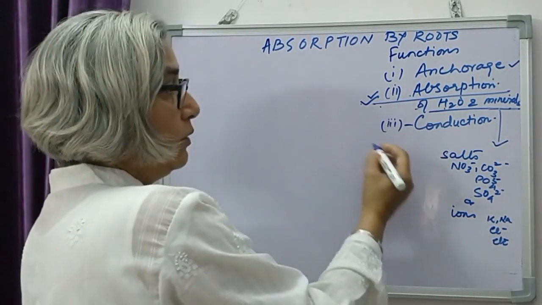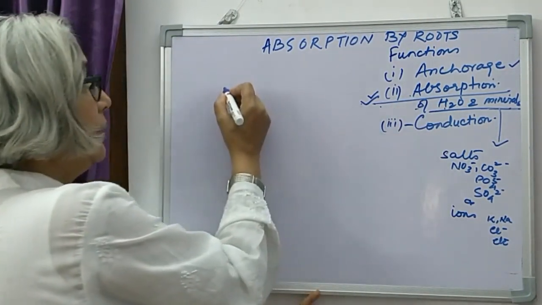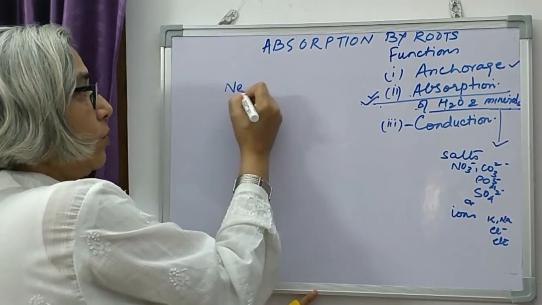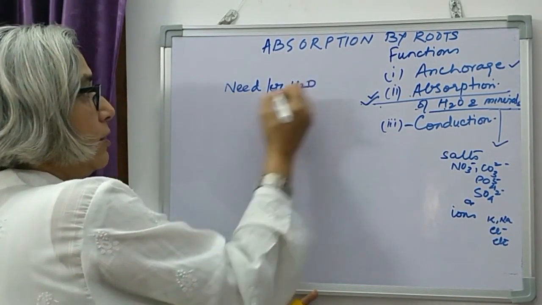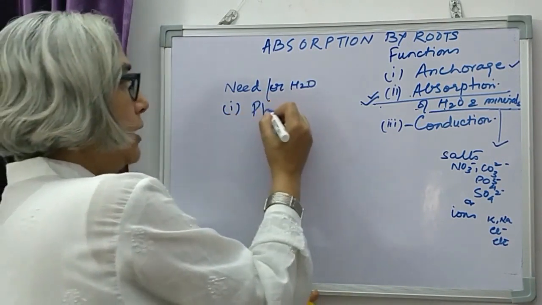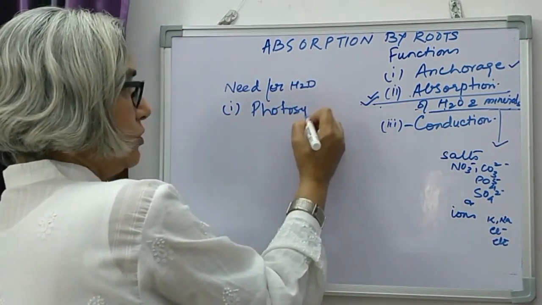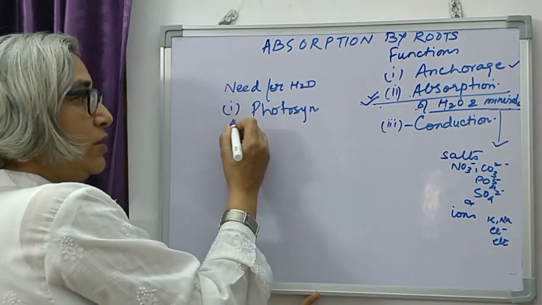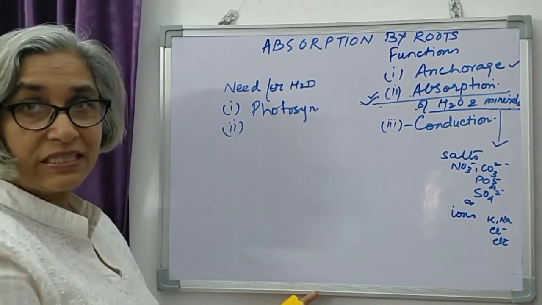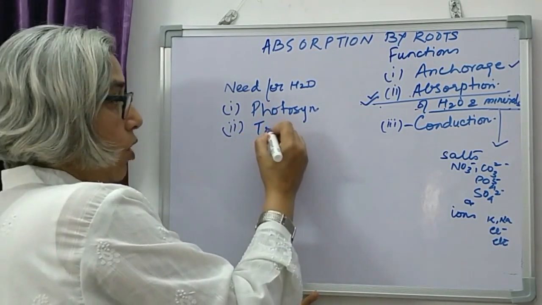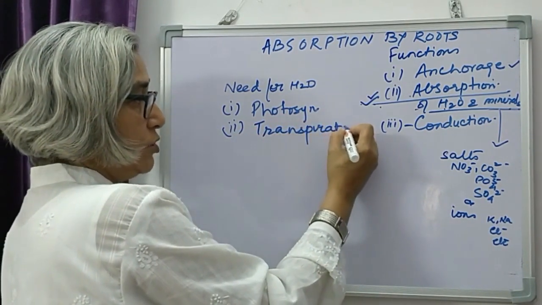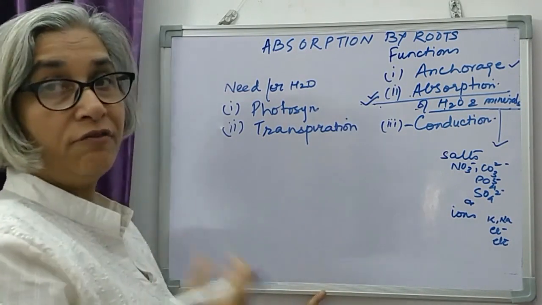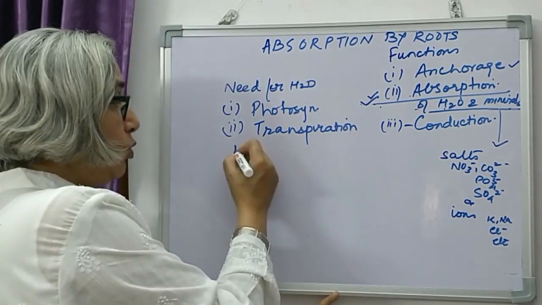So here I'll write why we need water. What is the need for water in a plant? Firstly, water is needed to perform photosynthesis. I have just now explained to you in detail what photosynthesis is. Second, water is needed for the process of transpiration to create a suction force, which we call transpirational pull.